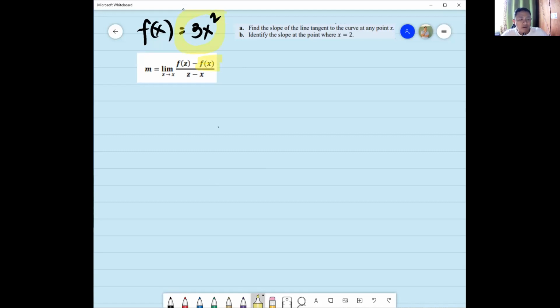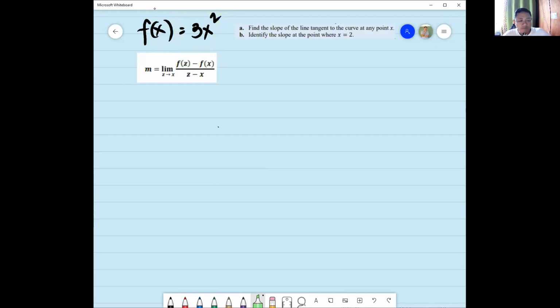But we also have here this f of z. When we say f of z, whatever the variable of our function is, we just change it to z.